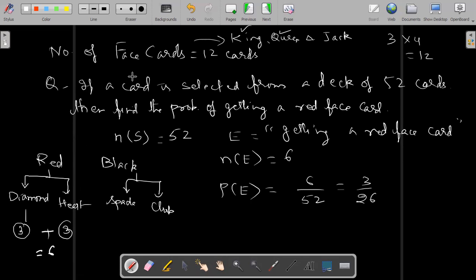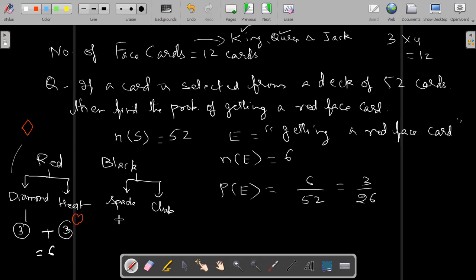So you should know about all the suits, club, diamond. You know that diamond is red color. If you see the shape, this will be in red color. And heart is also red color. This will be like a heart. Black color is not given here.